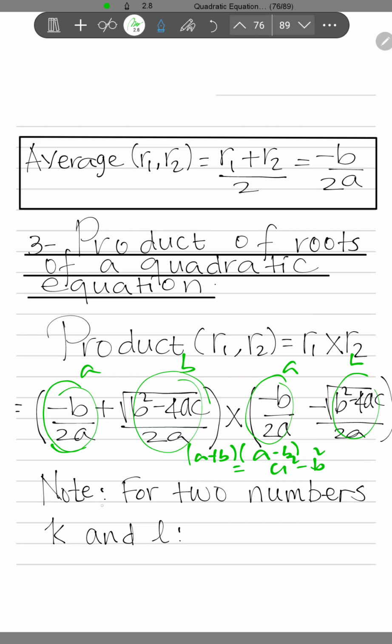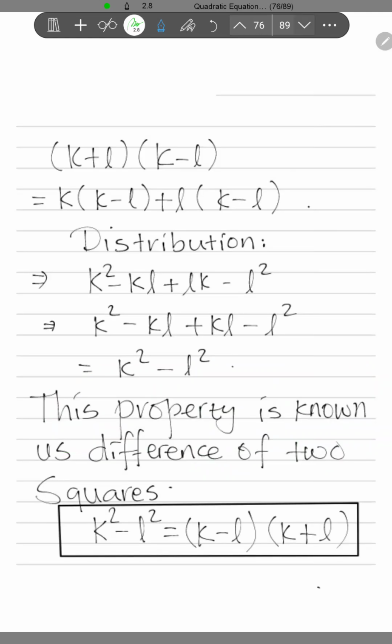Note for two numbers, here given as k and l: k plus l times k minus l is equal to k times (k minus l) plus l times (k minus l). This k goes for both. This is a distribution property. This l goes for both. In that case, this k will take k minus l, this l will take k minus l. Let's distribute that one.